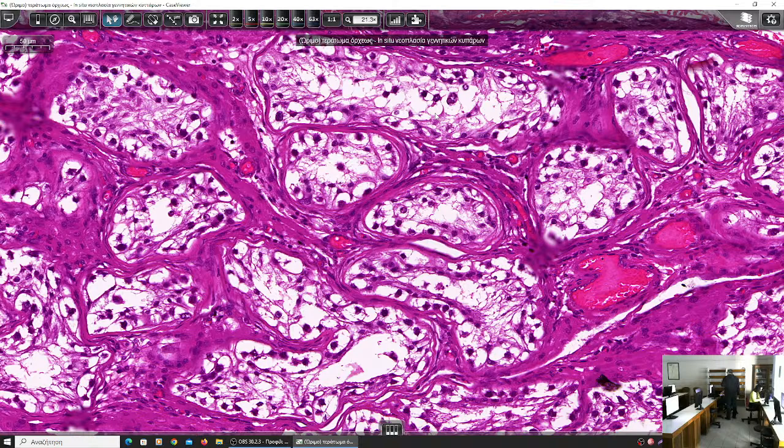Yes. How can you tell that they are malignant and they are not spermatogonia, for example? If there is doubt, they have nuclear atypia. But if there is doubt, you have immunohistochemical markers for seminoma, because these cells are seminomatous cells. These tumors can turn to each other. A seminoma can turn into embryonic carcinoma, to yolk sac tumor.